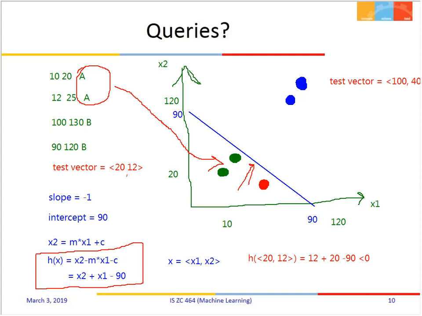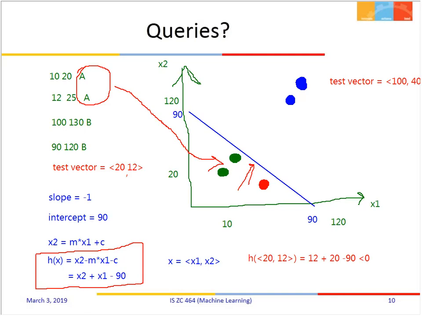This is coming out to be something like, what is it going to be? 100 plus 40 minus 90. So that is going to be greater than 0, and you know that this belongs to the second class.